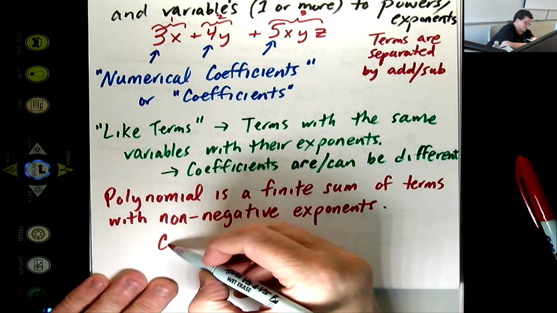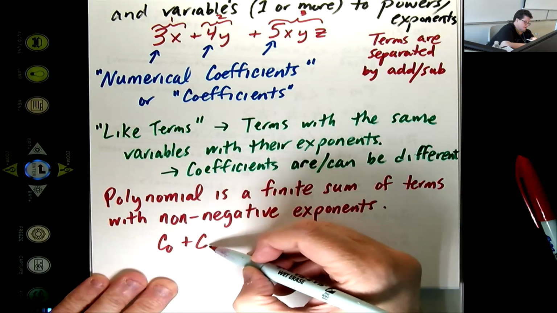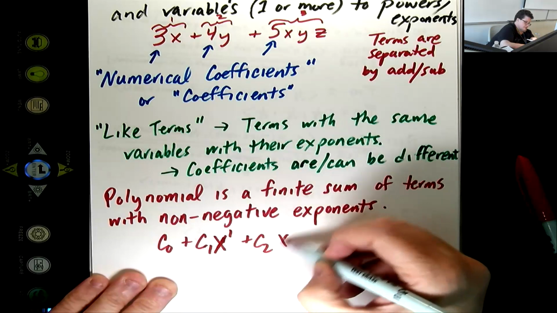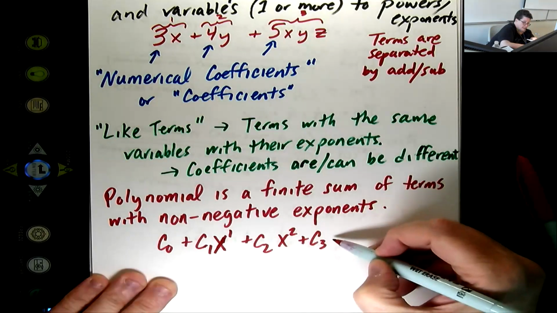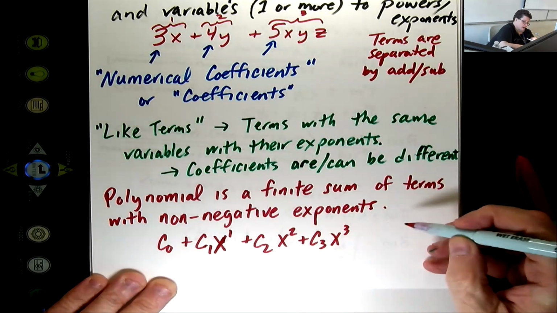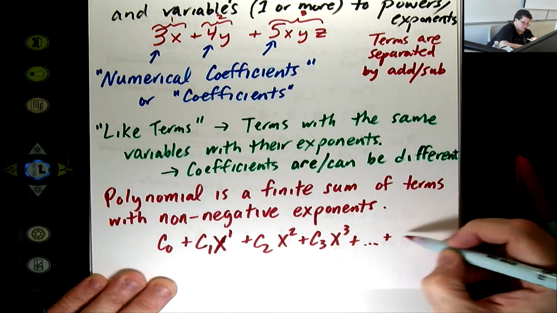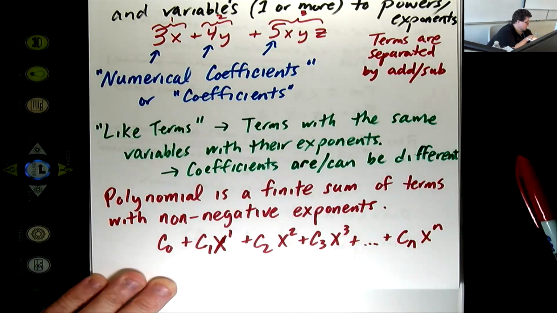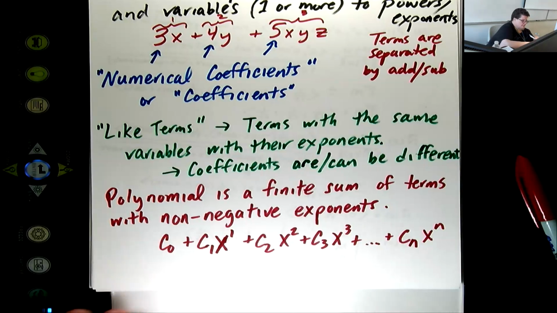You might see this as c sub 0 plus c1 x to the 1 plus c2 x to the 2 plus c3 x to the 3 power, plus dot dot dot going up to cn x to the n. All of these c's are just numbers.